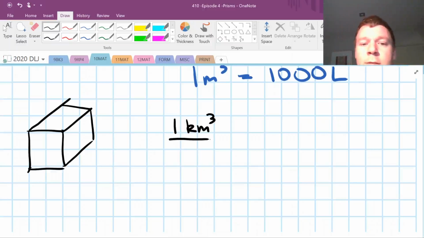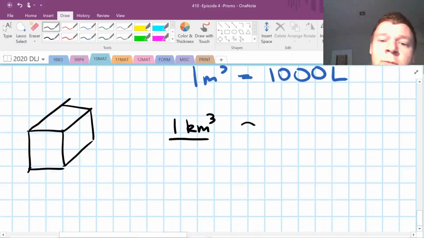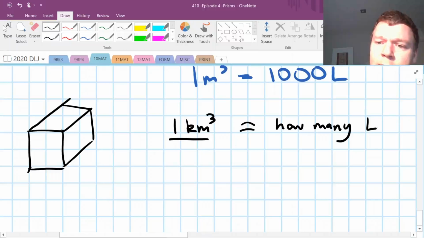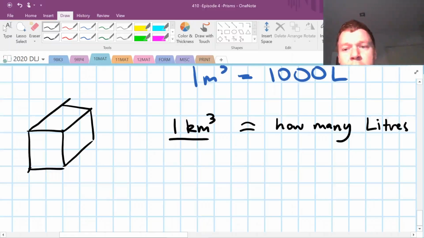But just for the purposes, I want to know how many liters are inside a mountain. So we're going to say this mountain is 1 kilometer cubed.